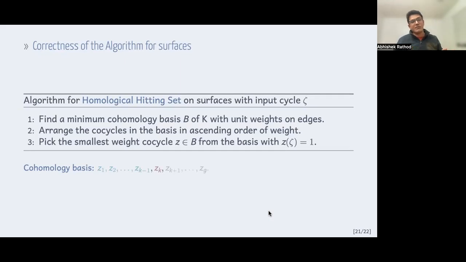Then by the matroid property of the cohomology basis, ZK is the minimum weight cocycle that is linearly independent of the preceding ones, and that's why it's the optimal hitting set, because it's a cocycle and the first one that evaluates to 1 on the input cycle zeta.